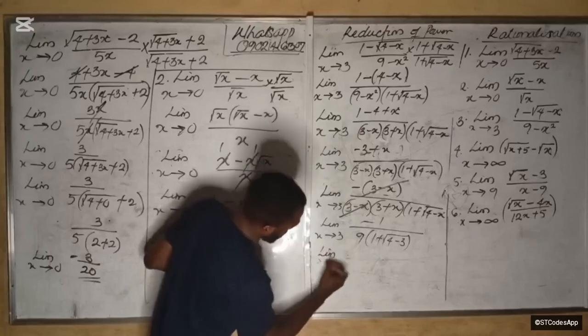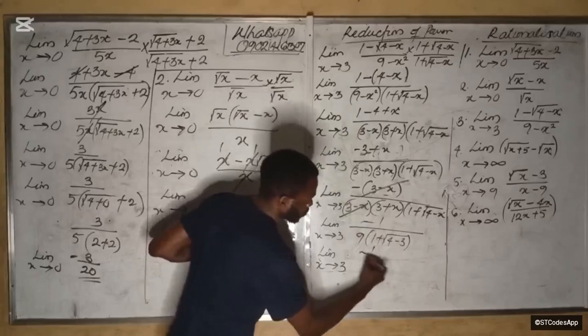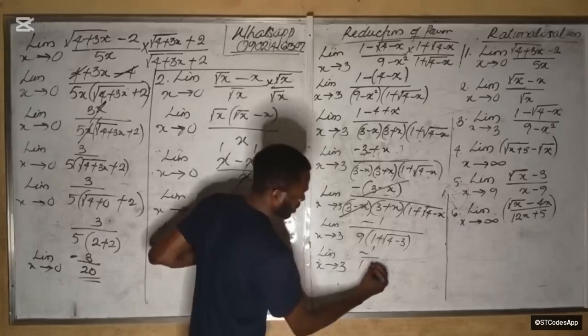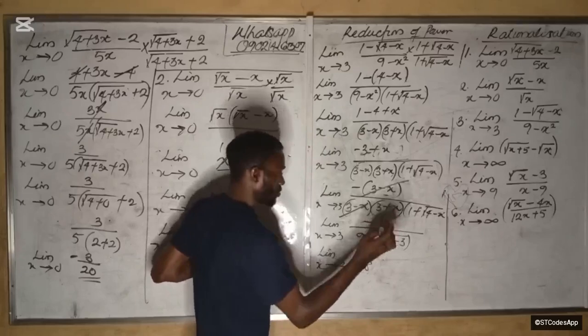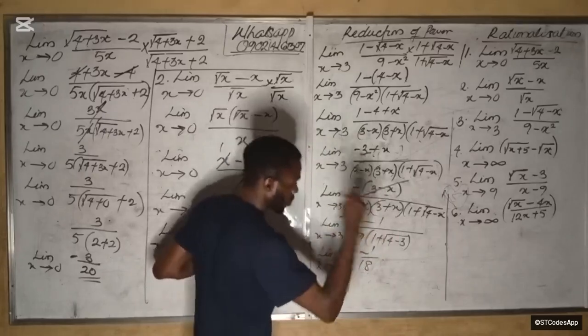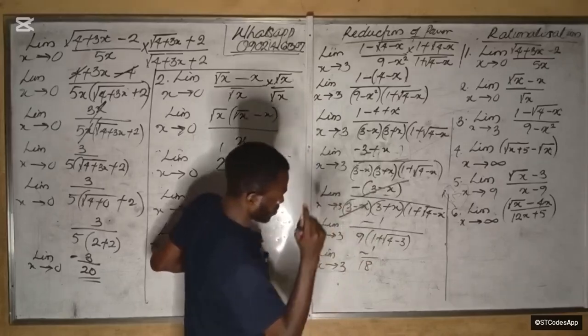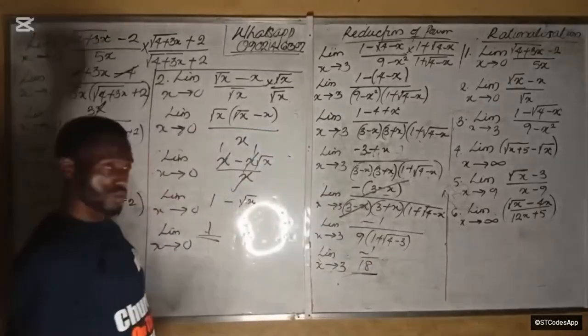So the limit as x approaches 3 of our expression is minus 1 over 18. 4 minus 3 is 1, square root of 1 is 1, 1 plus 1 is 2, times 9 is 18, okay? So this is going to be the answer.